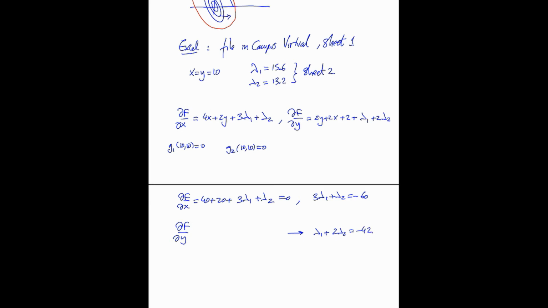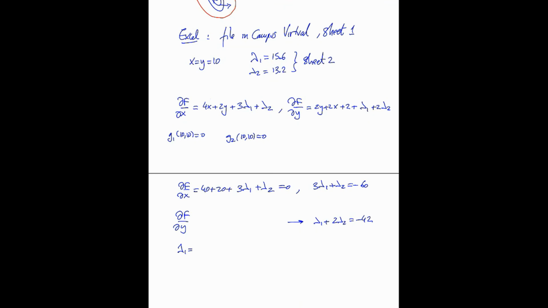We solve this and we get lambda 1 equal to minus 78 over 5, which on my calculator gives minus 15.6, and lambda 2 equal to minus 66 over 5, which gives minus 13.2.